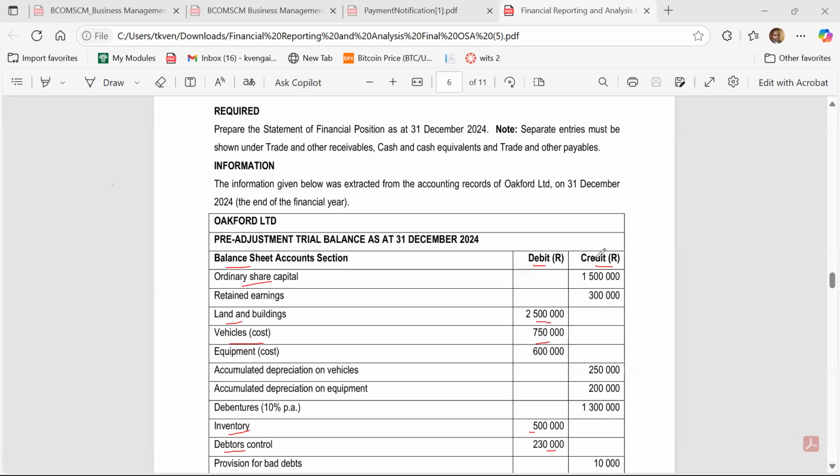So you are not really going to learn how to record the transactions and whatnot. That's for the guys that are doing BCom accounting. We'll do that next week with them. But for you guys, you need to learn to take what has already been recorded, which is the trial balance, and then prepare the final statement of financial position, and then prepare the final statement of comprehensive income, etc. So that's the nature of your exam questions.